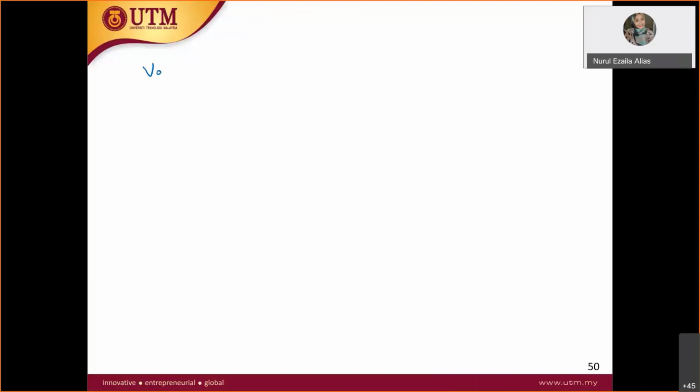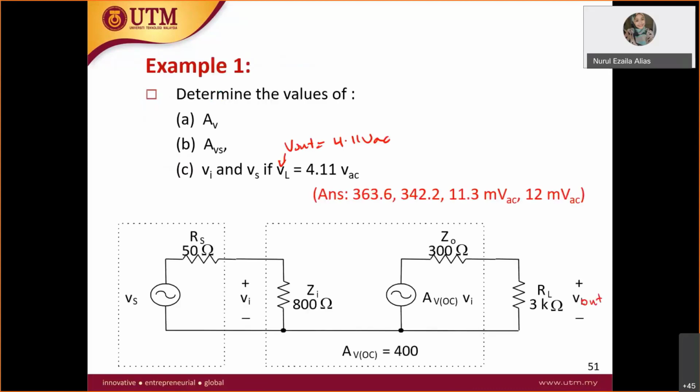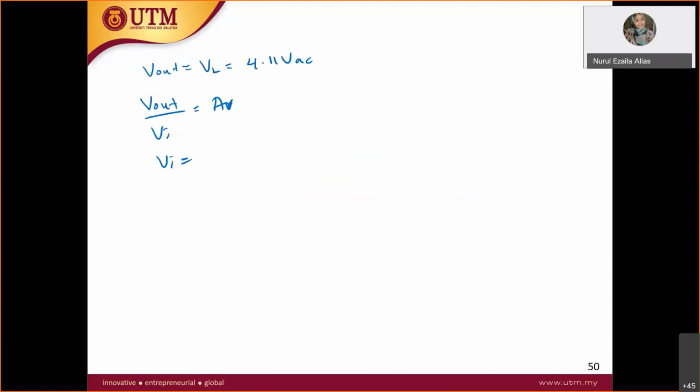V out is equal to VL, given as 4.11 VAC. You know that V out over V in is equal to AV, which you have calculated. So the question wants V in, which equals V out over AV.